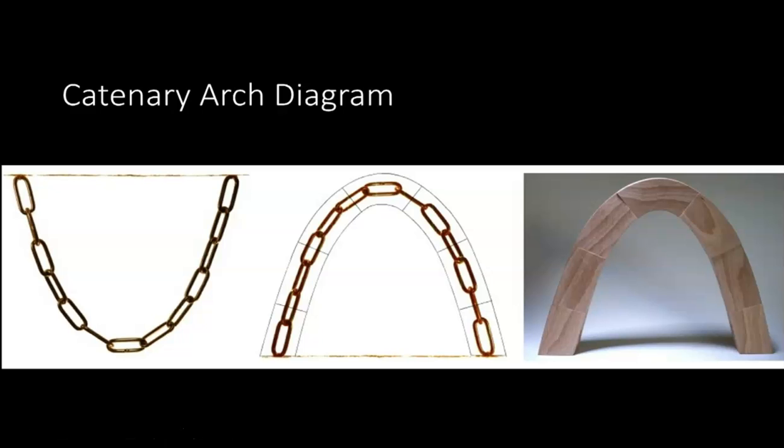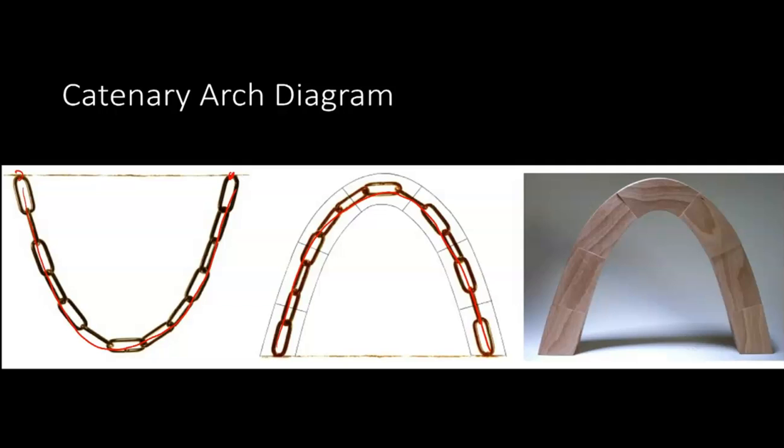Basically, what happens when you hang a chain or a rope, sorry, just in normal gravity, and you have the two top ends supported, it forms this kind of U shape. And it turns out that is exactly the same shape as a catenary arch.